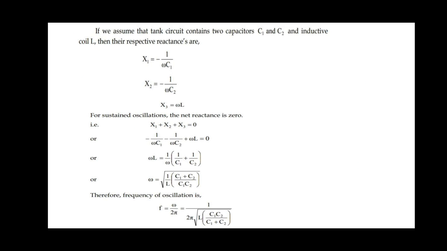Substituting these values, we get omega L equal to 1 by omega times (C1 plus C2) by C1 C2. Omega, the angular frequency, is 2 pi f. So f equal to 1 by 2 pi root of L C1 C2 by C1 plus C2, where C1 C2 by C1 plus C2 is assumed to be C.